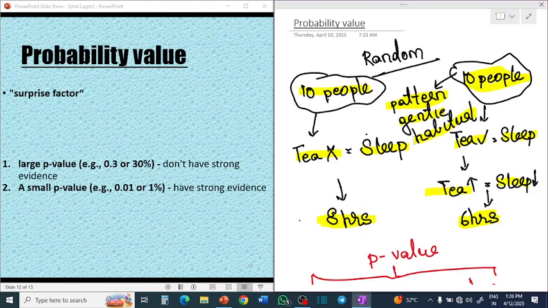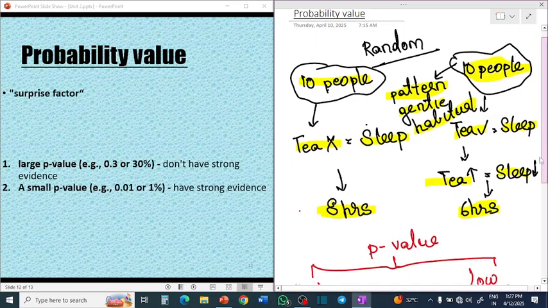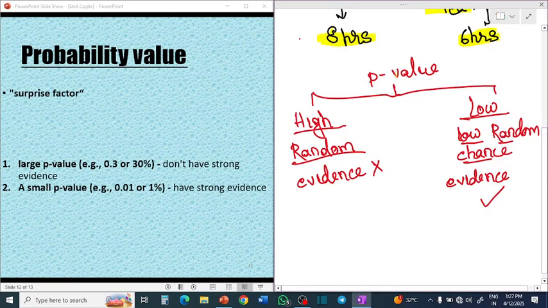P-value is what? It only describes the probability, or the randomness, in your particular experiment. So if your p-value is more, what does it mean? That there is a high chance that the random persons will have these things, and your result is also a random thing, and your evidence will not be strong or accepted.